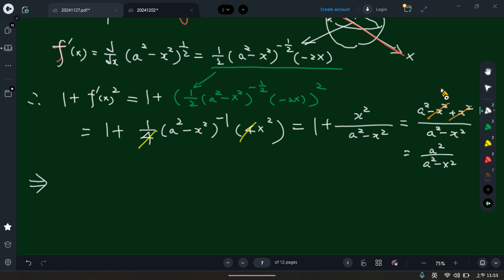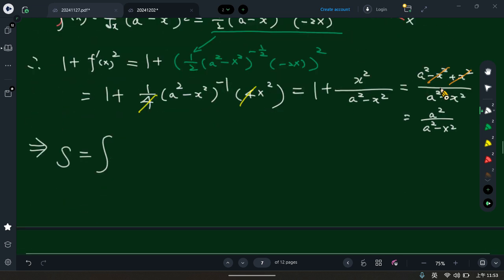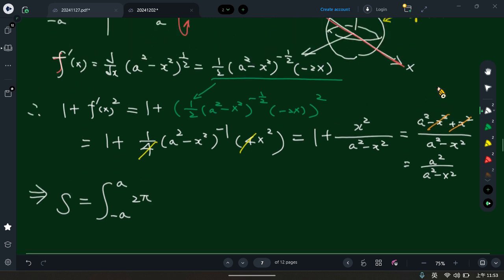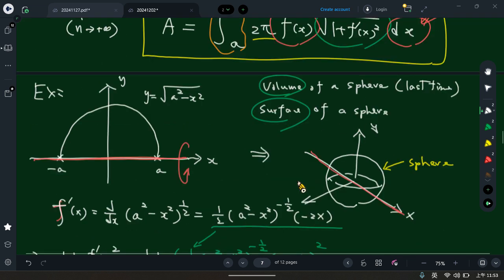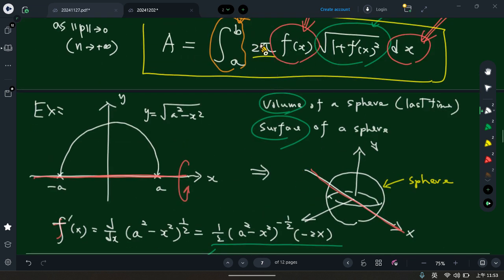So the surface will be the integral from negative a to positive a, 2 pi, what? 2 pi f of x.